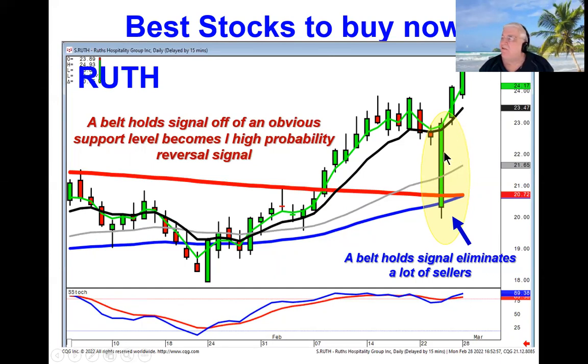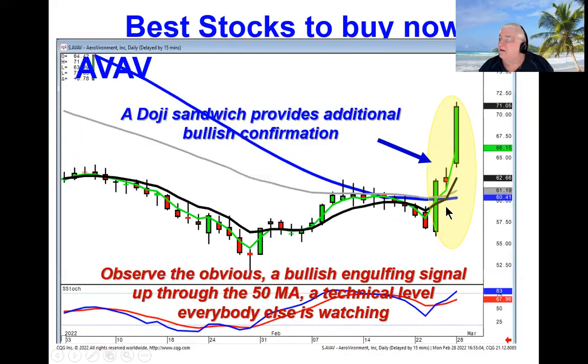This is just identifying what the Japanese rice traders have identified for hundreds of years of what patterns set up, showing you investor sentiment. A V, again, a bullish engulfing, where at a level everybody else is watching, a positive open after a doji. What was this day going to do?